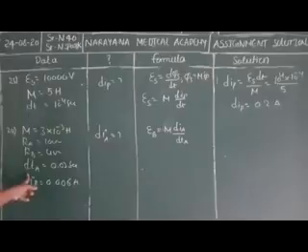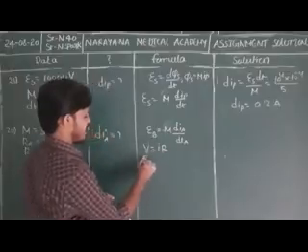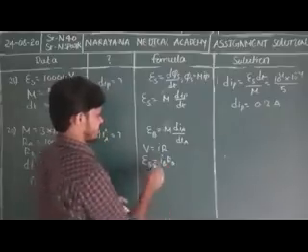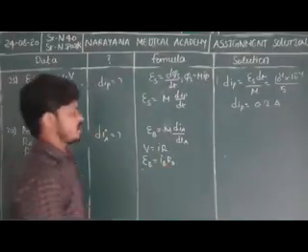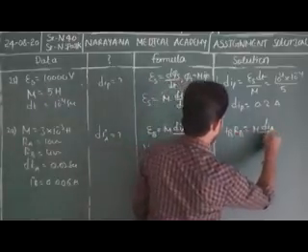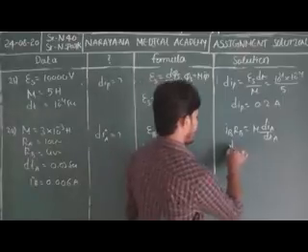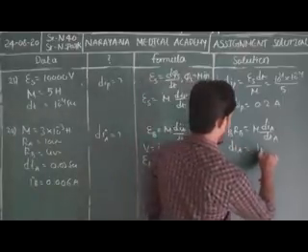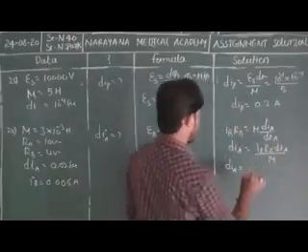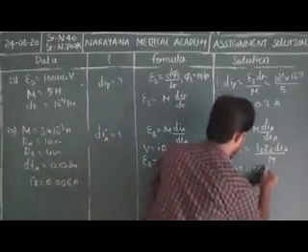So that the induced current in B should be 0.006 amperes. Induced current in B, IB, is equal to 0.006 amperes. According to the given data, we need to find dIA. We have the formula epsilon B is equal to M into dIA by dtA. So epsilon B is not there, M is there, dtA is also there.